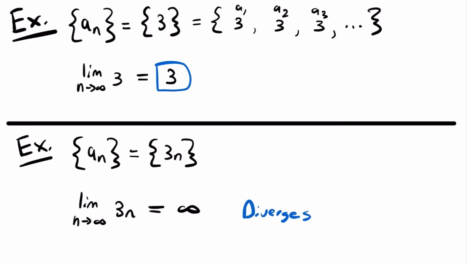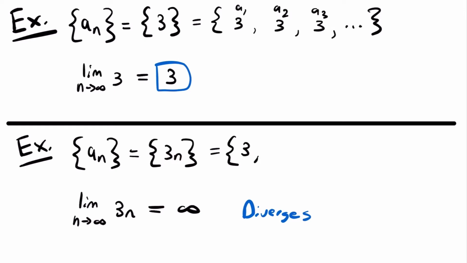What that means is that if we were to write out the terms for this sequence, and look at what happens to those terms as we write more and more of them out towards infinity, you would find that they would not converge to a specific value. You could see that if you were just to write out a few terms. If n is equal to 1, you have 1 times 3, which is just 3. So your first term would be 3.